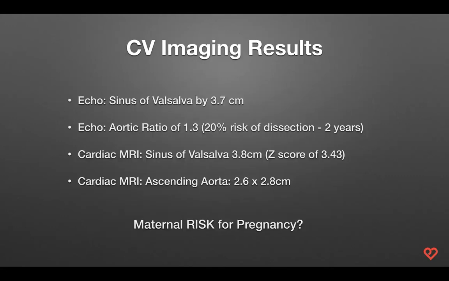So when you look at this patient, by echo, her sinus of Valsalva measures 3.7. By MRI or echo, her aortic ratio would be greater than 20% risk of dissection at 2 years. Her cardiac MRI sinus of Valsalva was 3.8, Z-score of 3.43, which is increased, and her ascending aorta is normal. So how do you talk about maternal risk of pregnancy?